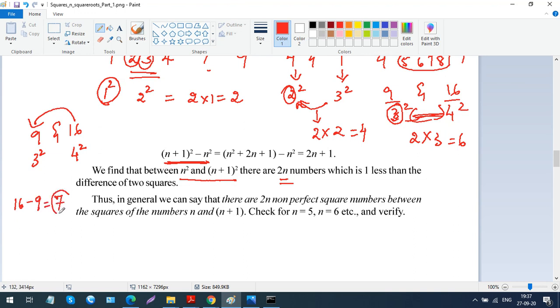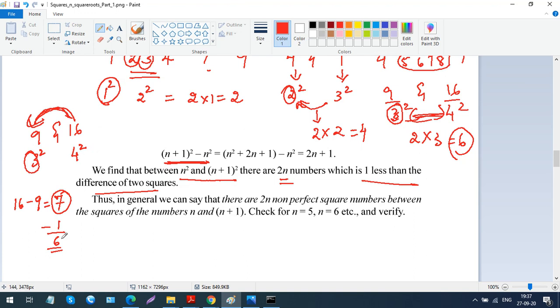So you will have 1 less than that. You subtract this 1 from the 7, you will get 6 numbers. See, you are getting 6 numbers. Correct? That is what it says, which is 1 less than the difference of the two numbers. So there are two ways you can do it. You either find out just by doing 2 into the smaller number, or you subtract the actual given numbers, and then whatever answer you get, you subtract 1.